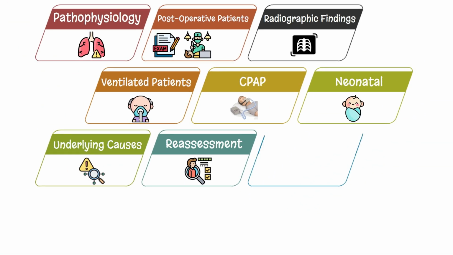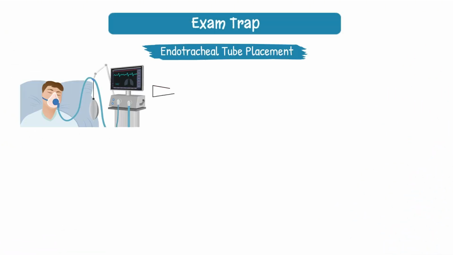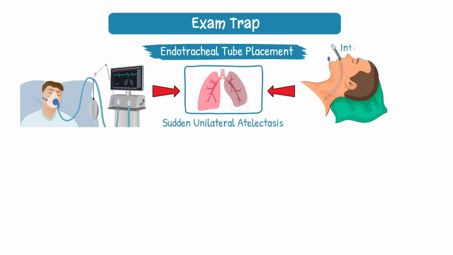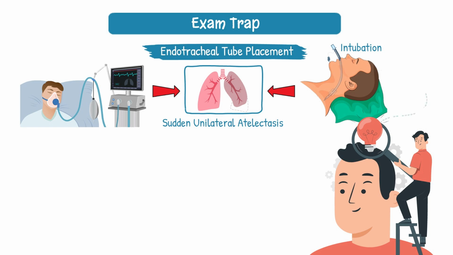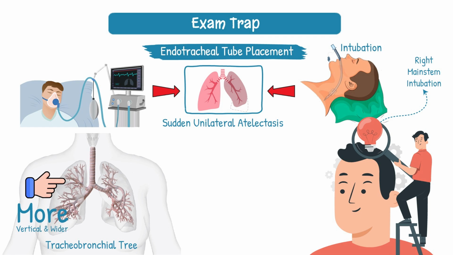A less common but critical exam trap involves endotracheal tube placement. If a patient develops sudden unilateral atelectasis shortly after intubation, your first thought should be right mainstem intubation. Because of the anatomy of the tracheobronchial tree, the right mainstem bronchus is more vertical and wider, making it more likely to be inadvertently intubated.